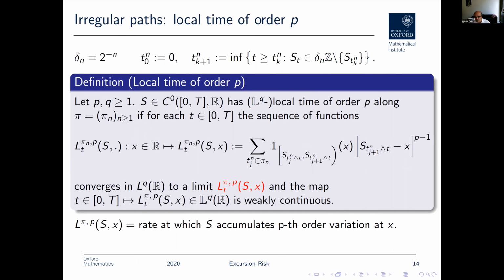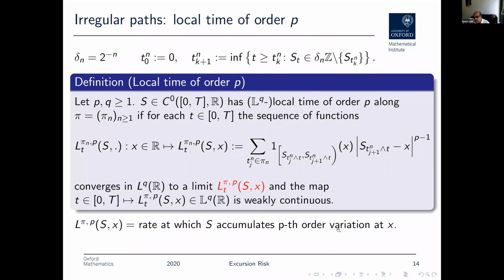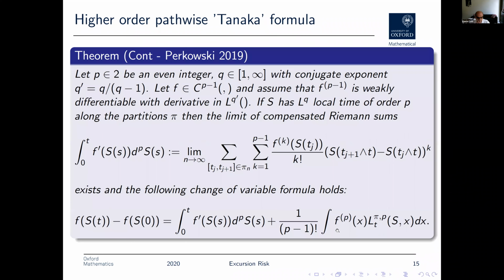If you haven't seen it before, this definition looks a bit complicated. But what I try to explain is where this comes from. It comes from really the remainder in a Taylor formula. And why do we care about the remainder in the Taylor formula? Well, because that's what we need to prove a change of variable formula. And this is what's done in the paper with Perkowski.